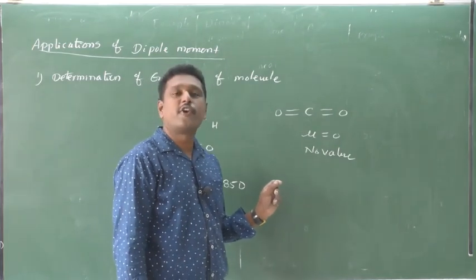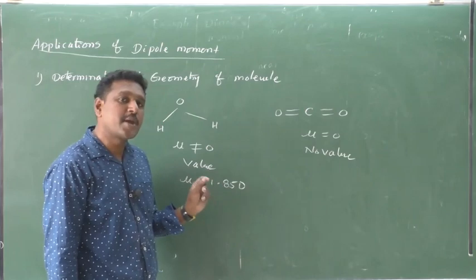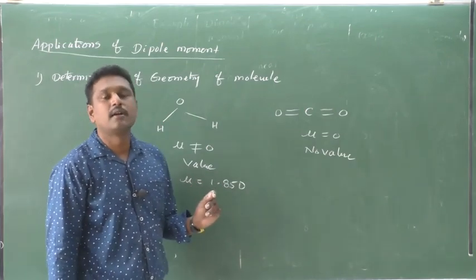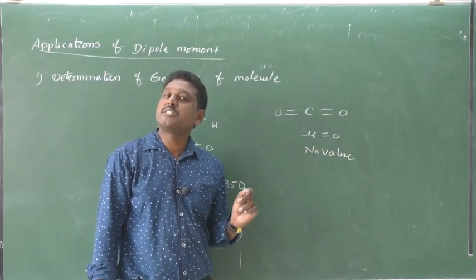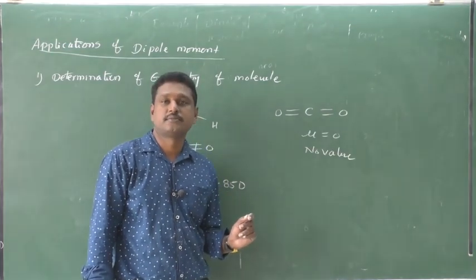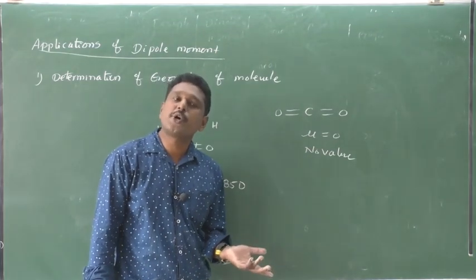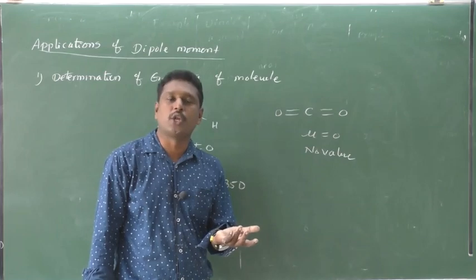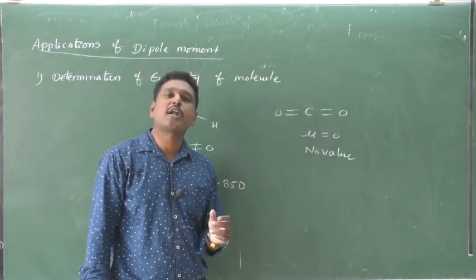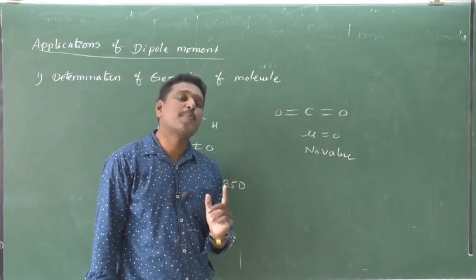Therefore, dipole moment value is 0 means the shape of the molecule is linear, because mu equal to 0. For example, if you take water molecule, bent shape means it has dipole moment.